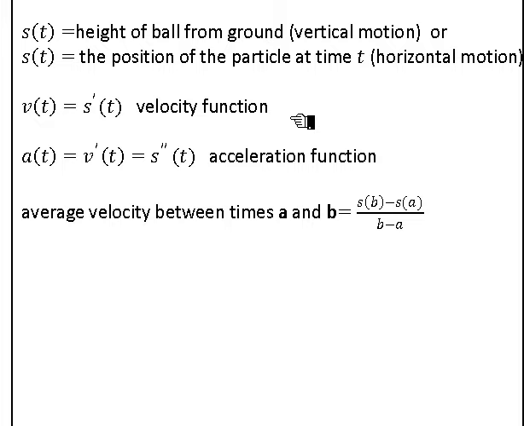Remember, the derivative is the slope of a tangent line. So if you have a function that's increasing quickly, like in this picture, see over here it's increasing quickly, the tangent line is going to be pretty steep, and the slope of this tangent line tells us the function is increasing quickly at this point.